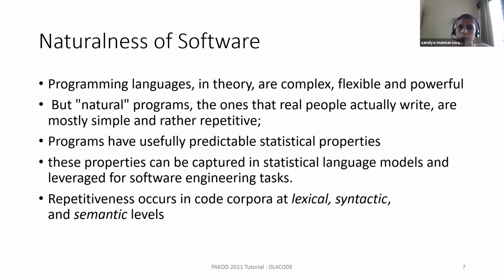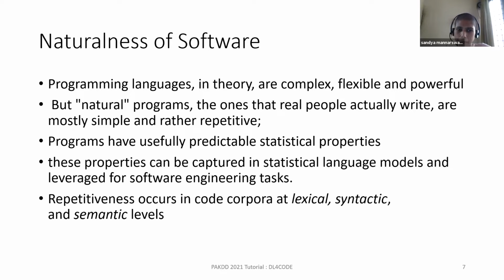The whole notion of programming languages being amenable to statistical techniques is again because of the considerable repetition. Repetition can occur at many levels. In the example I gave, for i equal to, where i gets used as an induction variable in a loop, that happens at a lexical level. You can have code idioms with syntactic repetitiveness, where two code fragments are repetitive because we use a similar syntax.